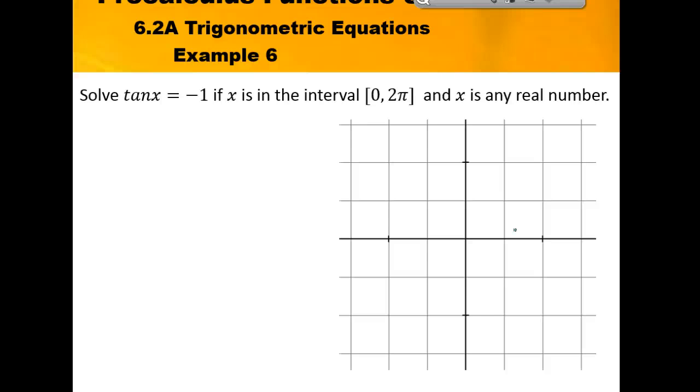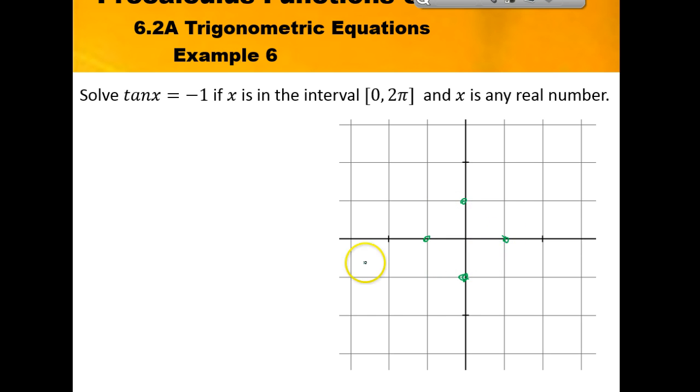Remember, that is not on an axis. It's not here, it's not here, here, here, or here. Okay, that's true for sine and cosecant and secant being -1, but not for these.